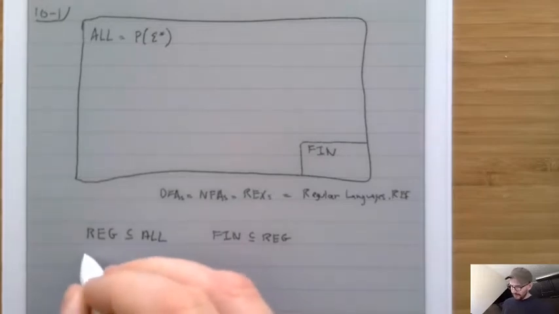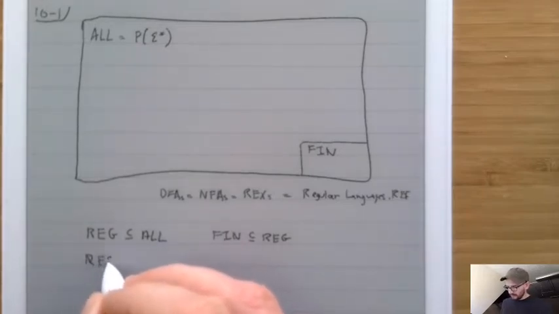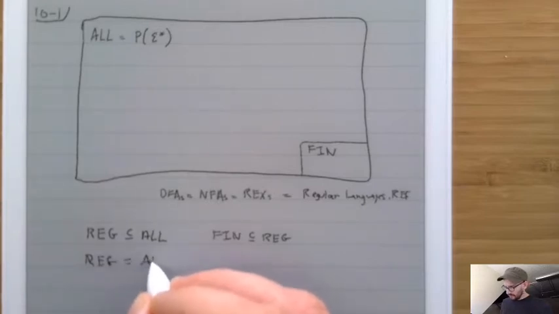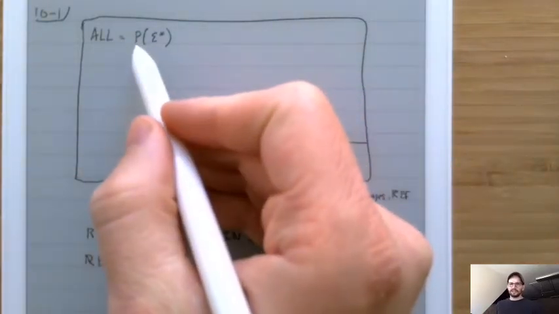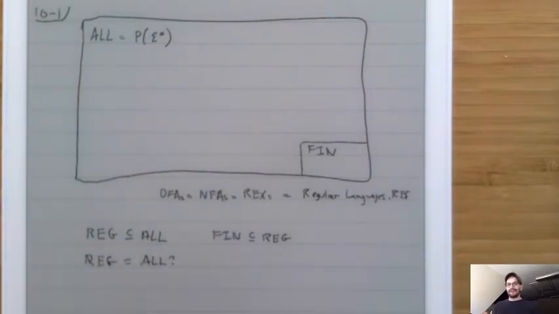So, is reg equal to all? What would it mean if it were equal to all? What it would mean is that all possible computations can be written down as DFAs. So that means that any problem that you could ever imagine caring about solving could be written as a regular expression.